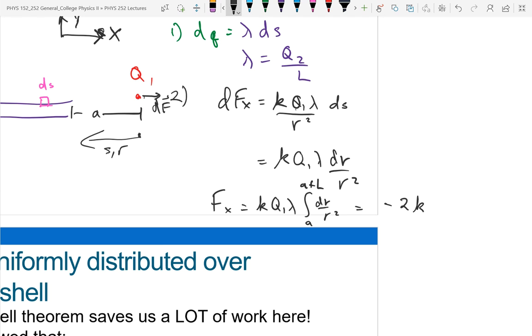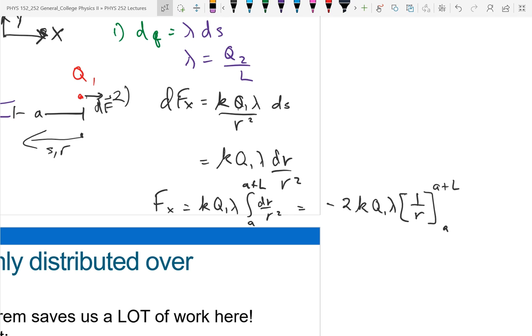So you bring down the minus 2, and you raise it from minus 2 to minus 1. So it'll be minus 1 over r. Now we can look at this and say, hey, look, it has the same units as we had before. That's probably a good thing. The force should always have the units of newtons.